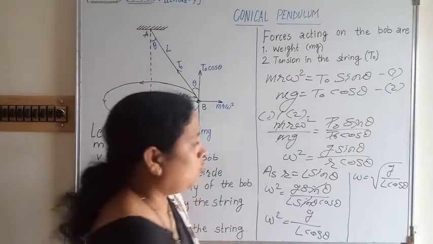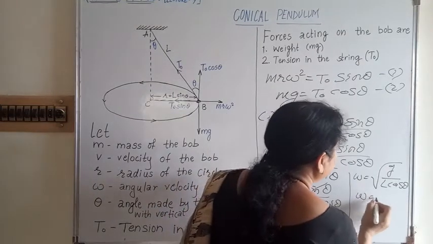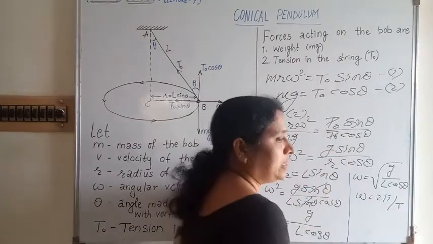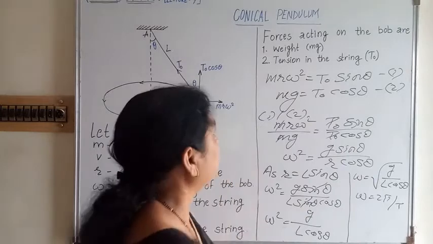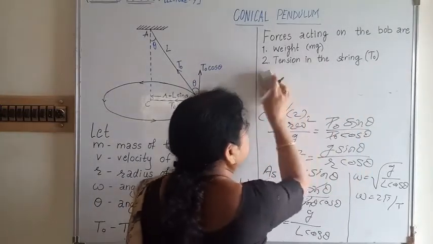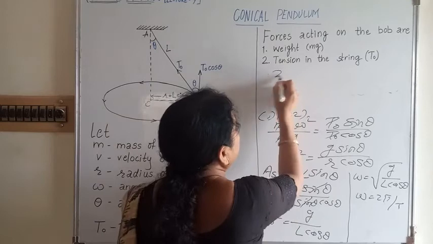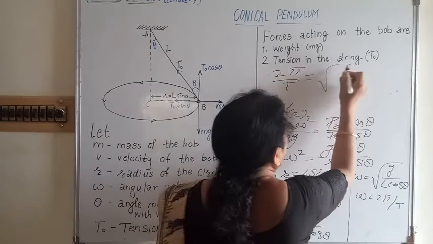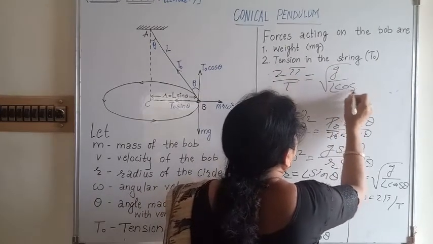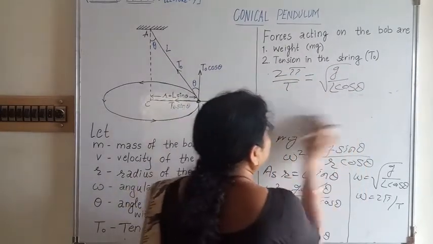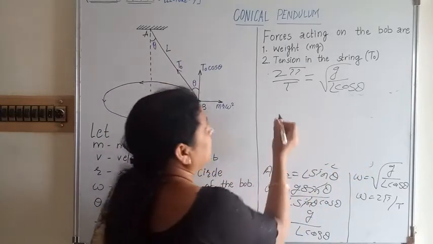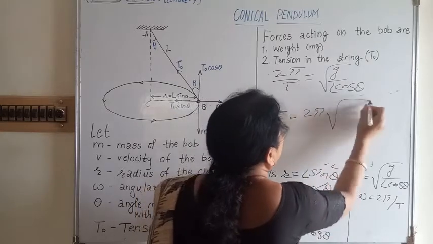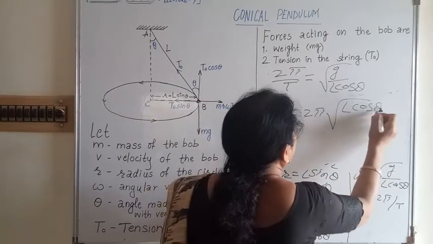Now we know omega is equal to twice pi upon T. When we compare this equation, twice pi upon T is equal to under root g upon L cos theta. So I can say T is equal to twice pi under root of L cos theta upon g.